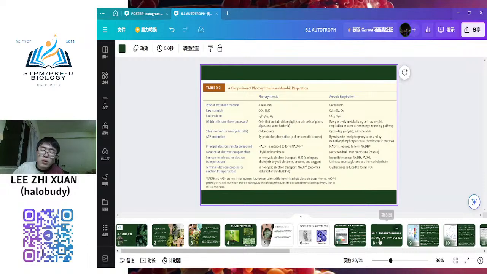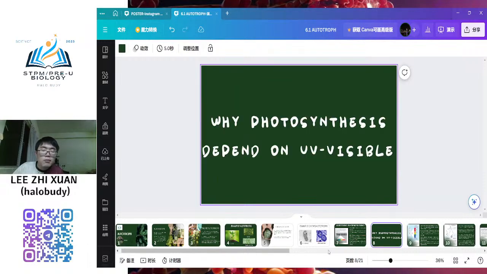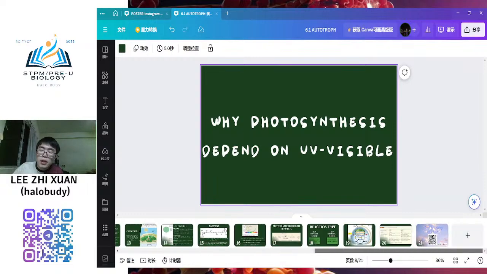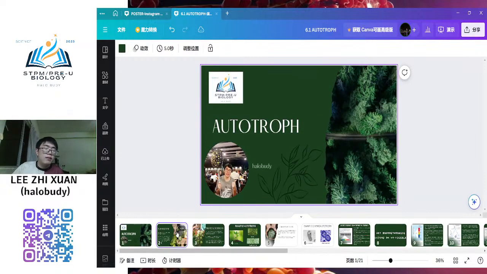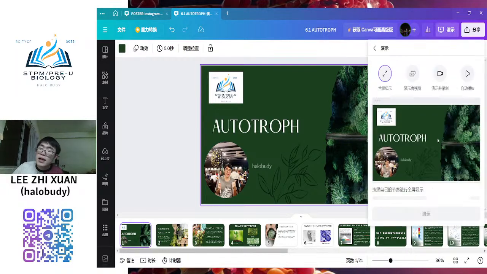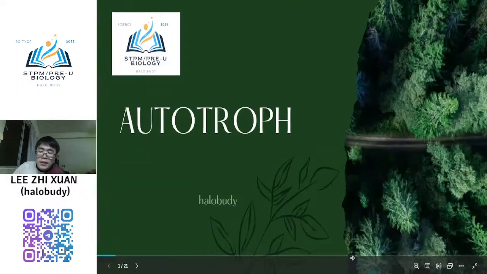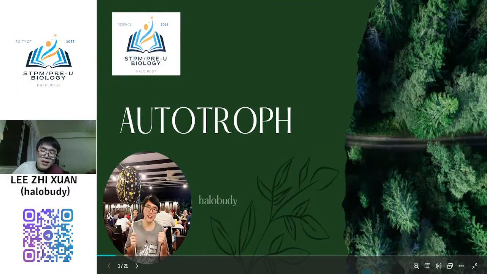I don't want to proceed to the light-dependent reaction because it is very long and very difficult. I hope everyone knows this basic chemistry that we already learned in chemistry.